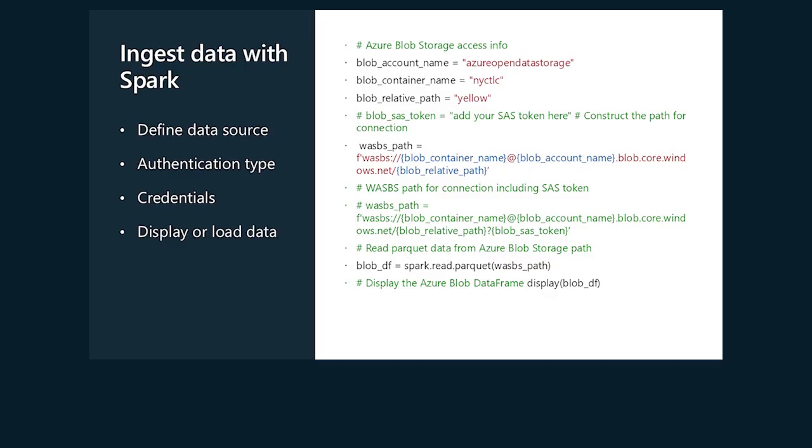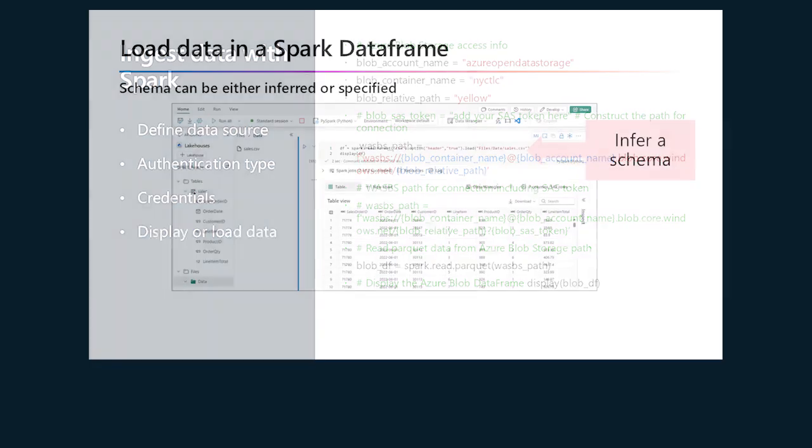The previous example connects to the source data with a SAS token before reading the data into a data frame. Depending on where your data is stored, you might need to use a different authentication type, such as a service principal or OAuth. Lastly, it reads a Parquet file from the Azure Blob Storage into a Spark data frame, and finally displays the data frame.